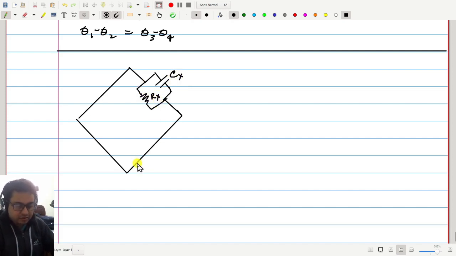The question is, what would you like to put in these other three arms? I suggest always try to follow the idea of a product bridge or a ratio bridge, and that will make our balance equation simple.